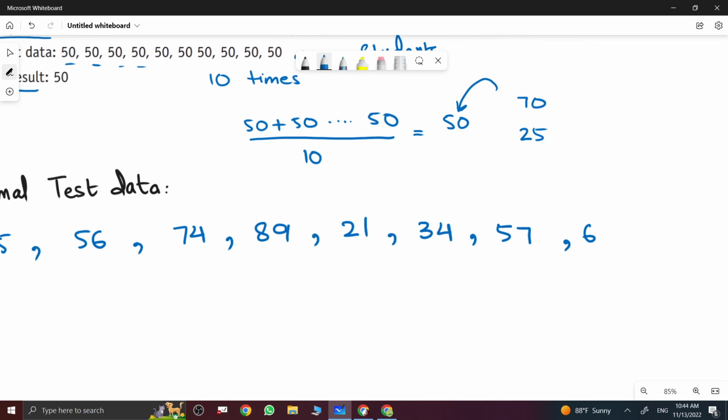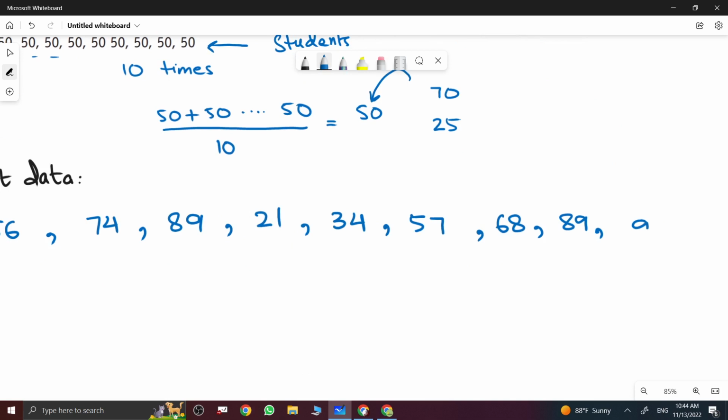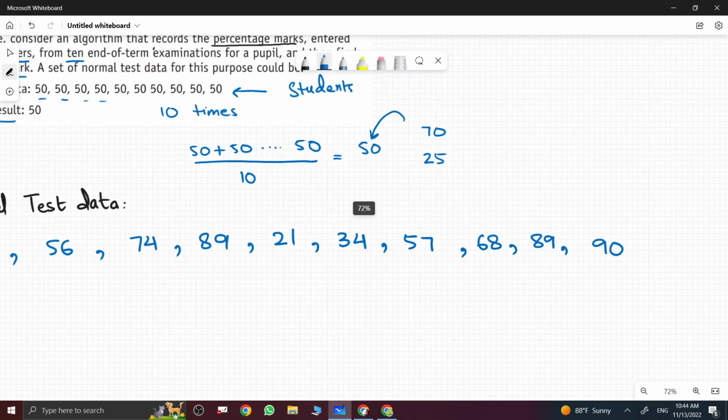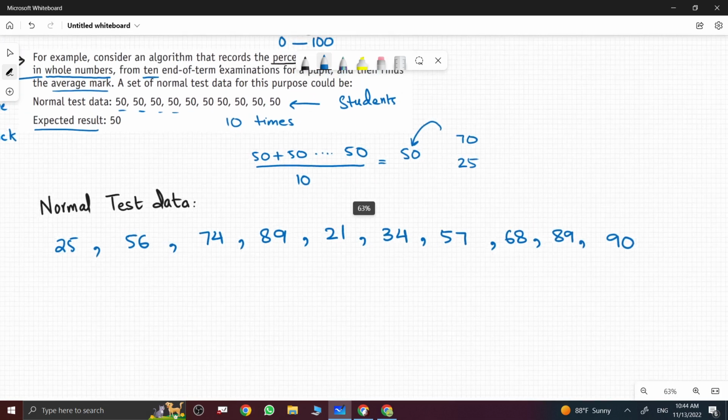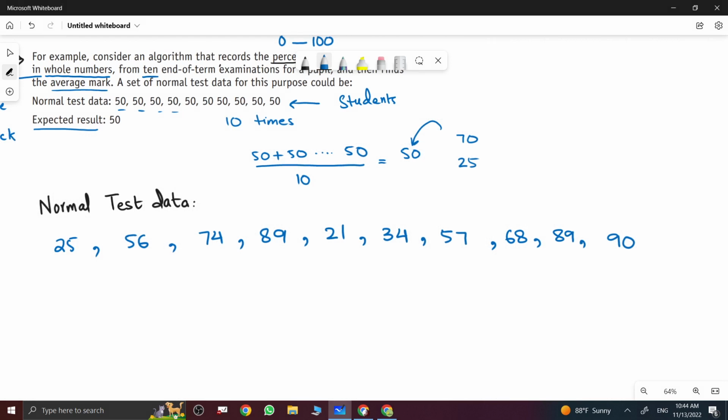Let's add 3 more: 68, 89, and let's suppose the last one is 90. So this is more realistic data, where the student has attained different percentages in different exams.